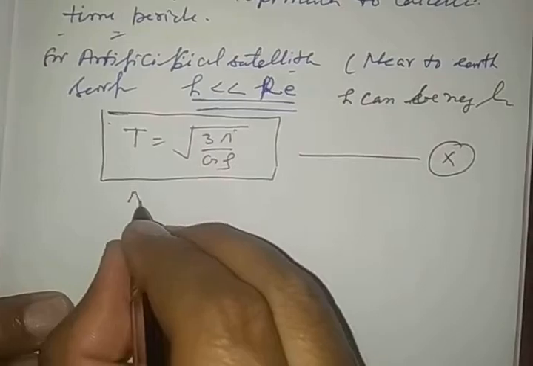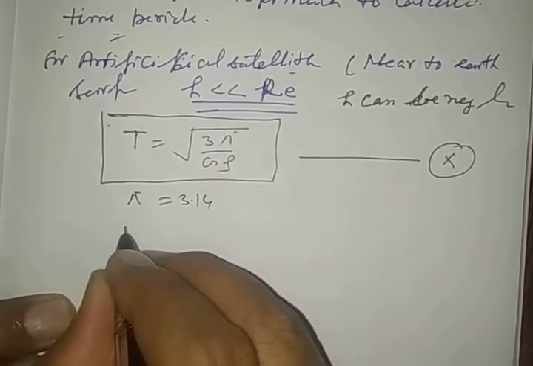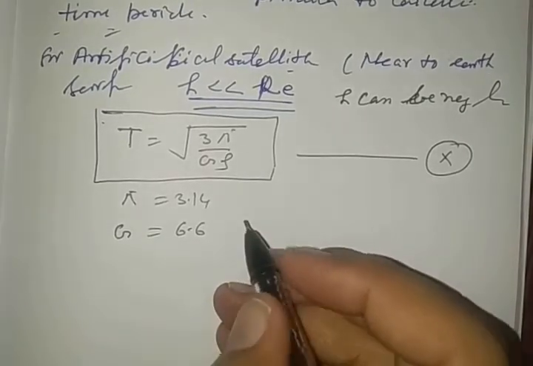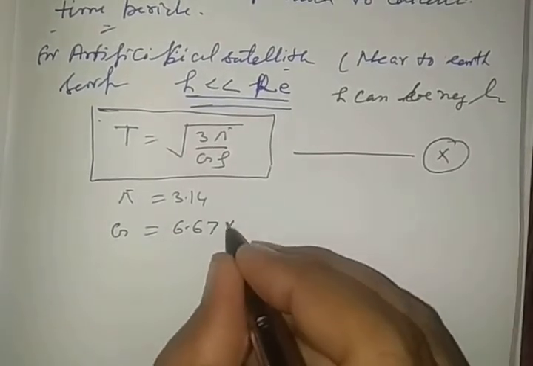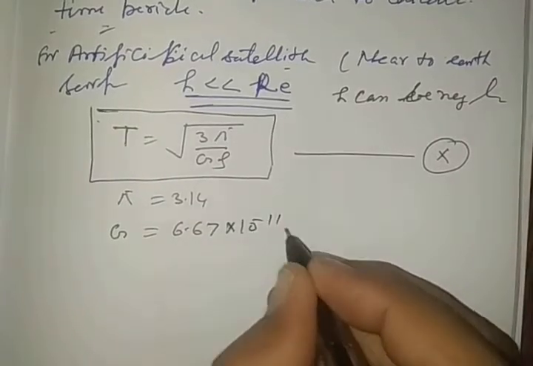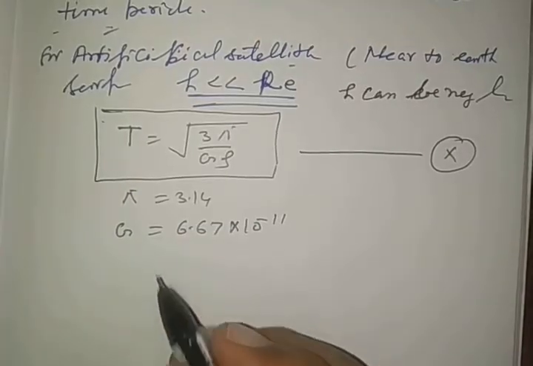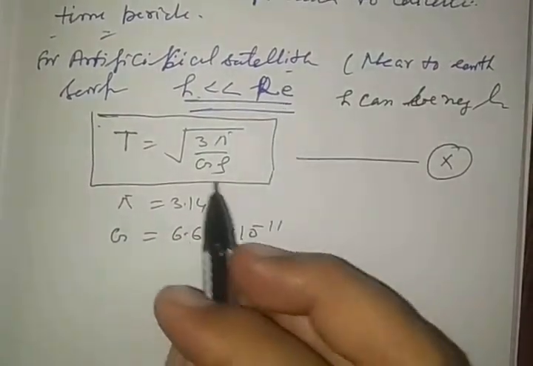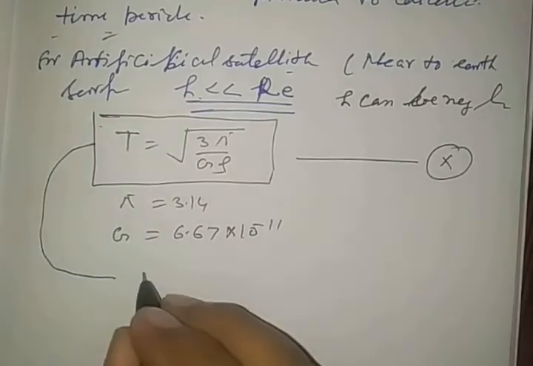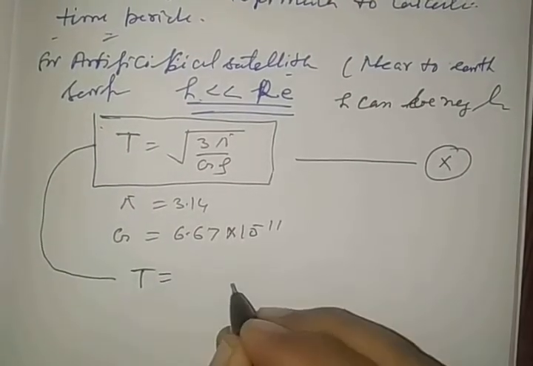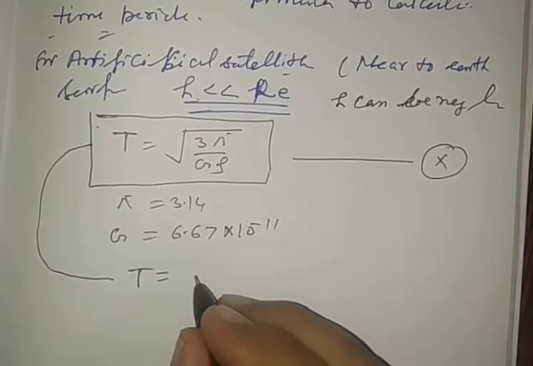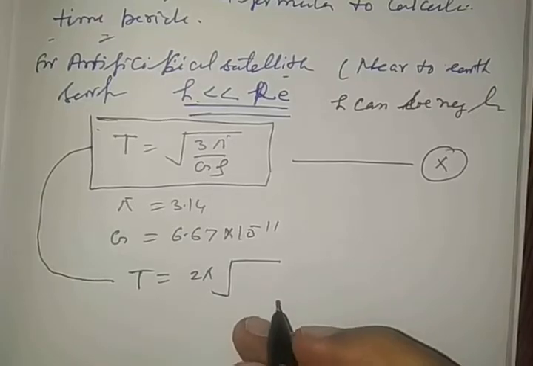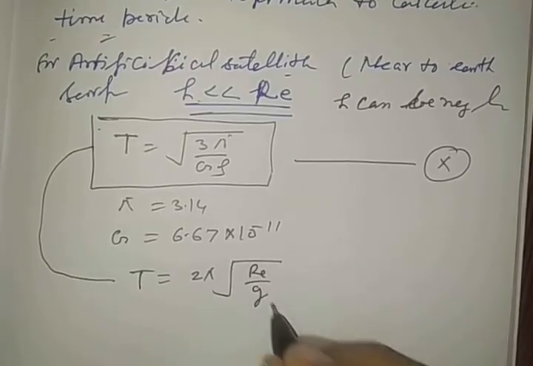We know pi is equal to 3.14, capital G is equal to 6.67 into 10 to the power minus 11, and by applying this approximation in equation number 2, the same formula can also be obtained in terms of T is equal to 2 pi under root Re by g.